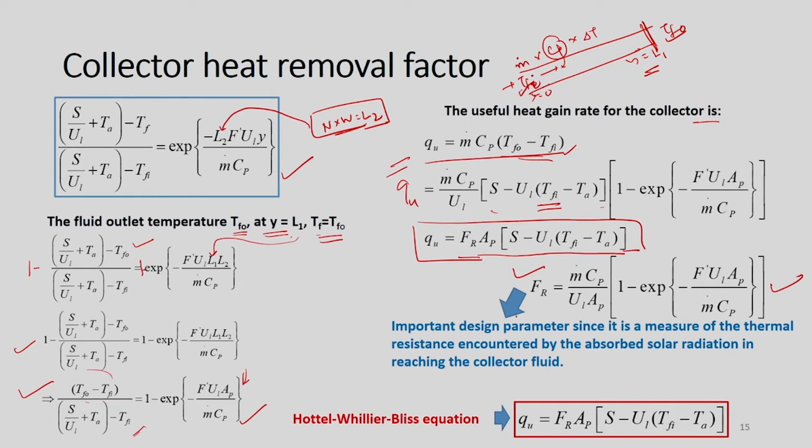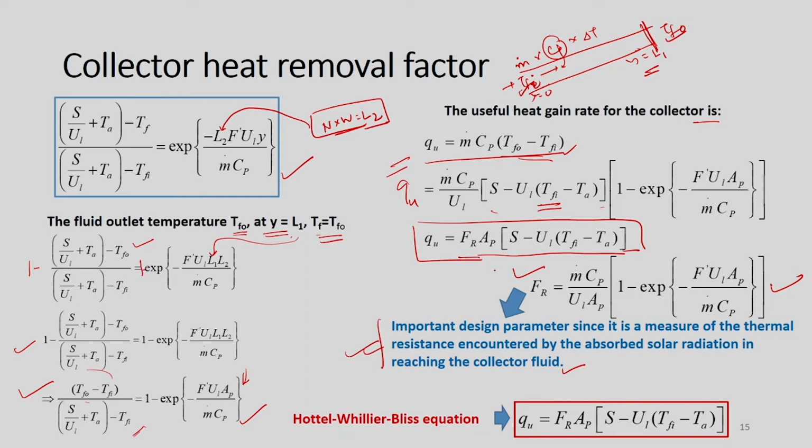So this FR is nothing but collector heat removal factor, okay, which is a very important parameter for performance of a flat plate collector, okay. Also, this is an important design parameter since it is a measure of the thermal resistance encountered by the absorbed solar radiation in reaching the collector fluid, okay. So why it is important you understood now.